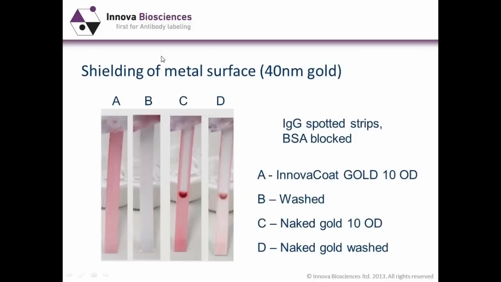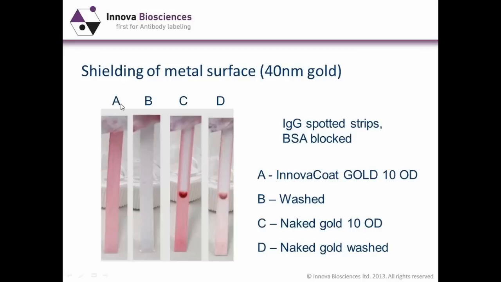This is another way of illustrating that the gold particle is completely shielded from the external environment. So we have here 40 nanometer gold, and we've got one lateral flow strip which has been spotted with IgG. Obviously, ordinarily you can't see the spot.